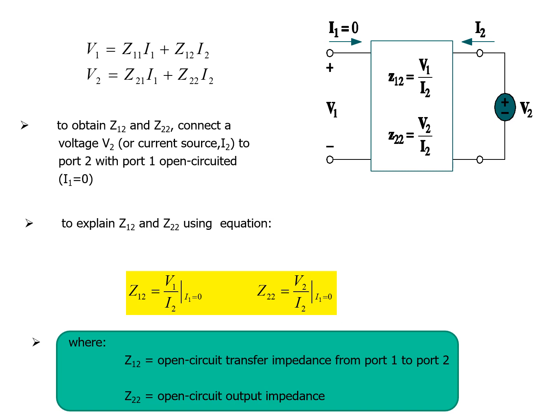Z12 is the open circuit transfer impedance from port 2 to port 1, and Z22 is the open circuit output impedance. Why is Z12 called transfer impedance? It has V1 and I2. Z22 is the output impedance because it is only measuring across V2 and I2.